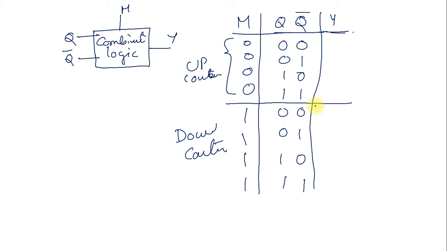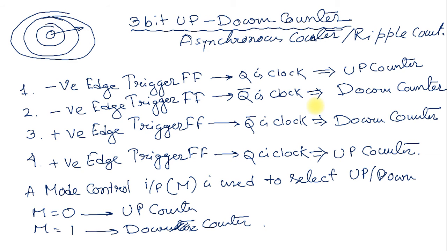Now when we consider this counter, we can consider the counter as a positive edge trigger or a negative edge trigger. If we consider that the counter is a negative edge trigger, for creating an up counter we should consider the output from Q, that is here.